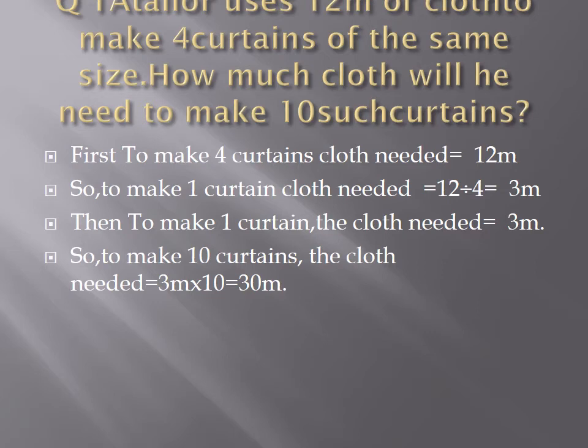So, to make 1 curtain, cloth needed is equal to 12 divided by 4 is equal to 3 meters. So, to make 10 curtains, the cloth needed is equal to 3 meters multiplied by 10 is equal to 30 meters. First divide, then multiply.